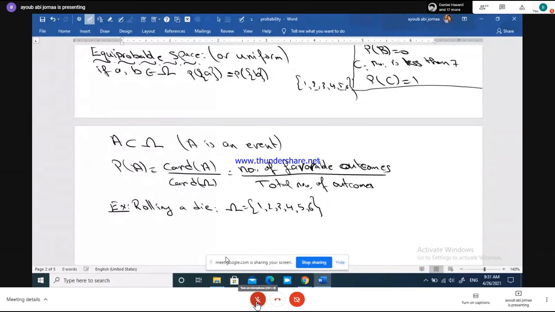This space is an equal probability space. They have the same chance to occur: 1 is like 6, like any number.